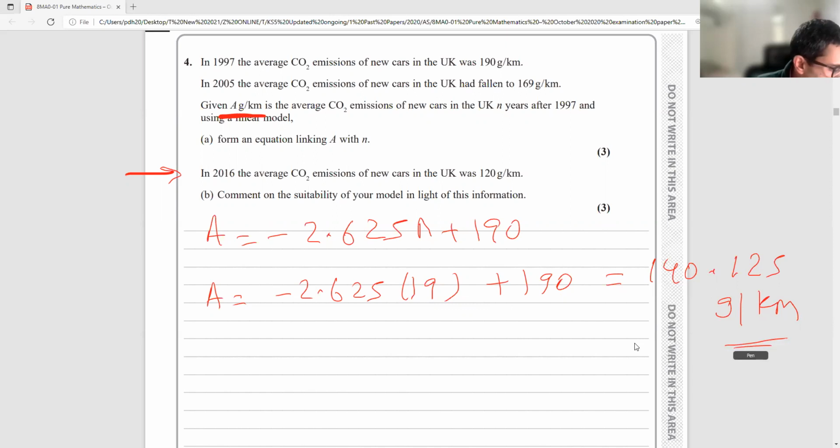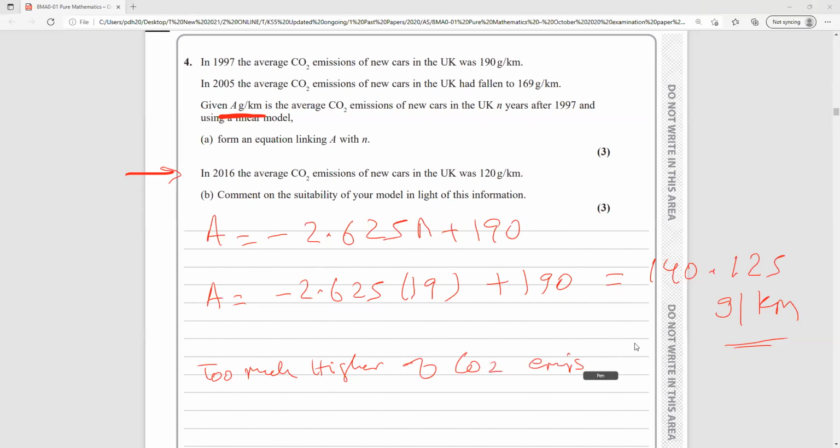Now what is happening? The model predicts a much higher value. What is happening there? The model is predicting too high a value of carbon dioxide emissions. So for example, if the carbon emission is going up every year, in 1971 it was 119, in 2005 it was 169, and then they said make a model.